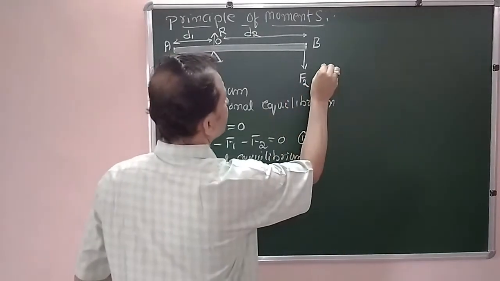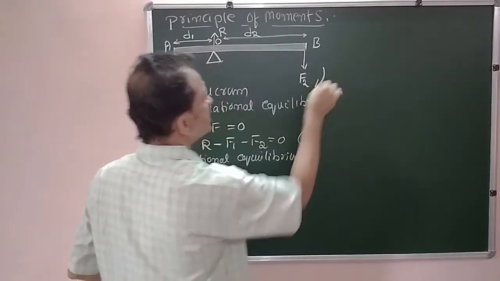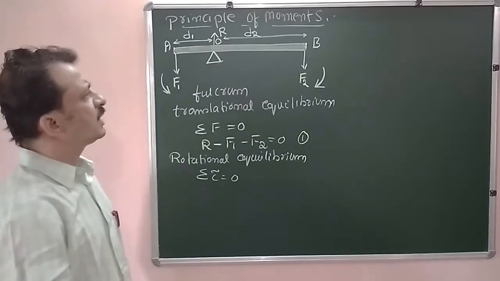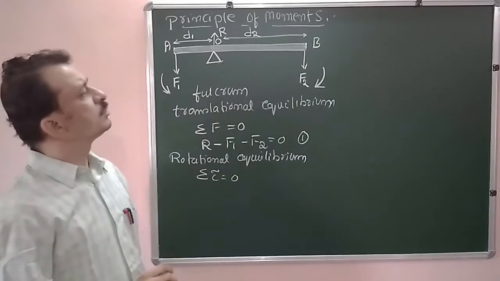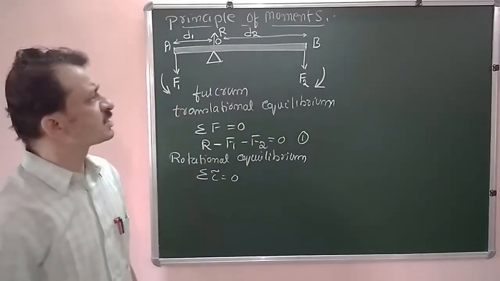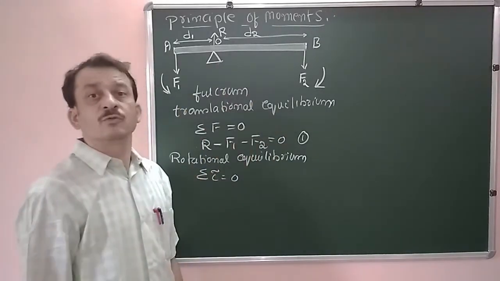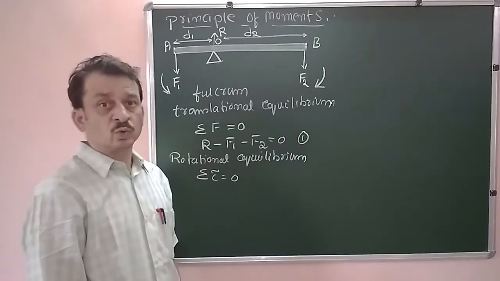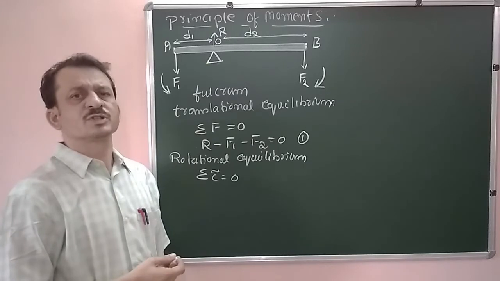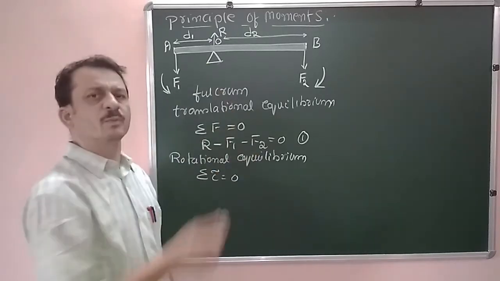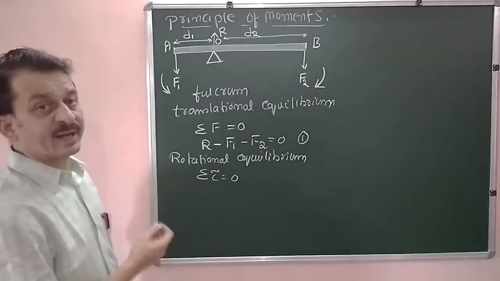Similarly, the force F2 tends to rotate the lever in the clockwise direction, as shown. Therefore, that moment of force is taken as negative. We have chosen the same convention: the anti-clockwise moment of force is taken as positive, the clockwise moment of force is taken as negative.